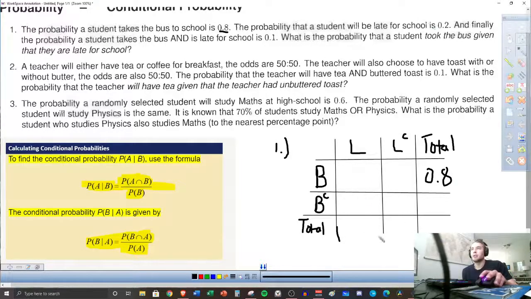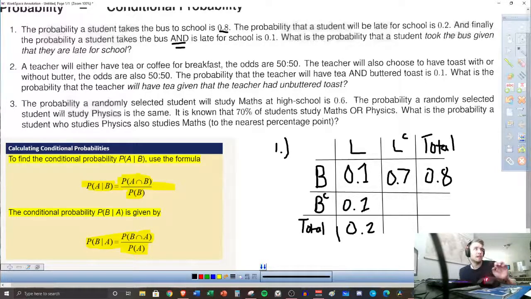Then it says the probability they're late is 0.2. And lastly, the probability they take the bus and they are late for school is 0.1. We have to know what that "and" means. It means the intersection, which is right here. From there we can start filling in the information we need. So we know this is 0.7. This is 0.1 right here.